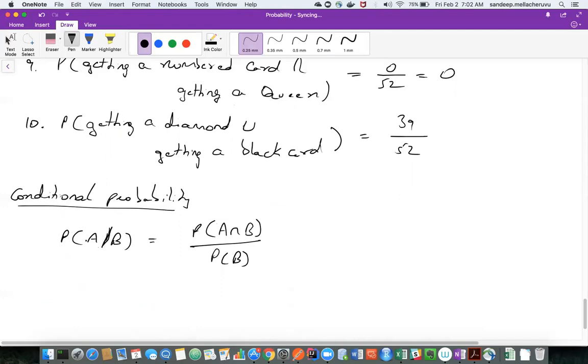So in most of the problems, many times you know that some part of the problem is already known to you. You know that there is something available to you. Based on whatever is available to you, now you're asking what is the probability of getting A. So this is called prior probability. The reason for calling prior probability is that you already know that B exists.